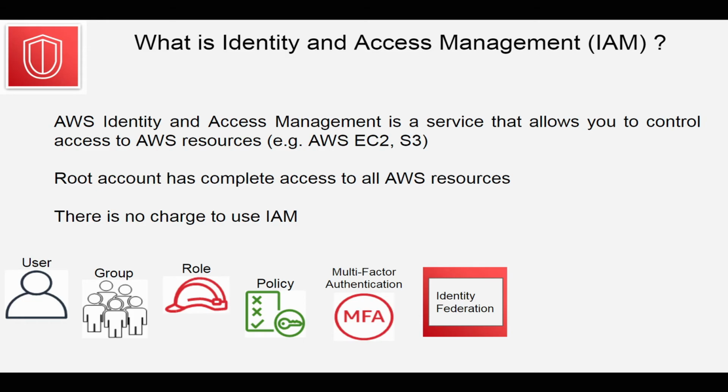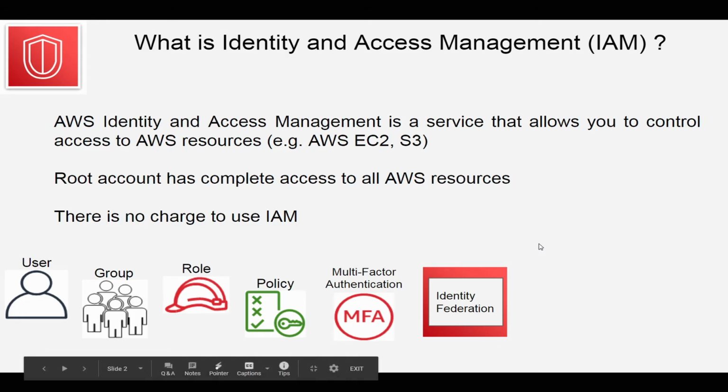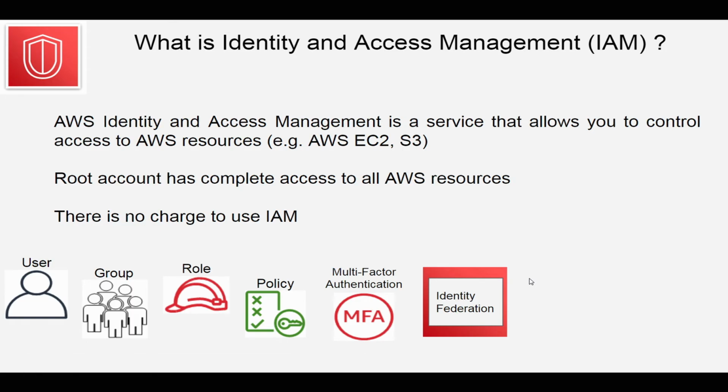Using identity federation, you can integrate that Microsoft Active Directory into your infrastructure. That means the users in Microsoft Active Directory can get access to AWS resources even if they don't have user accounts directly in your AWS infrastructure. So it's just integration.